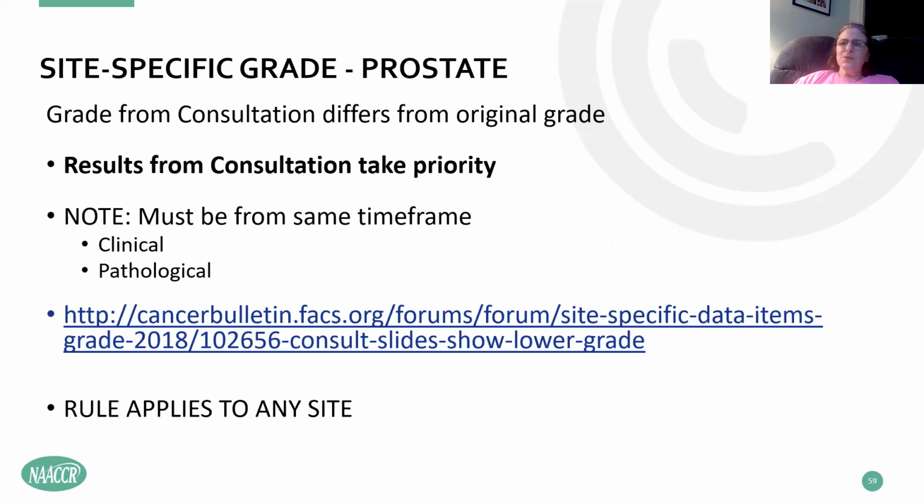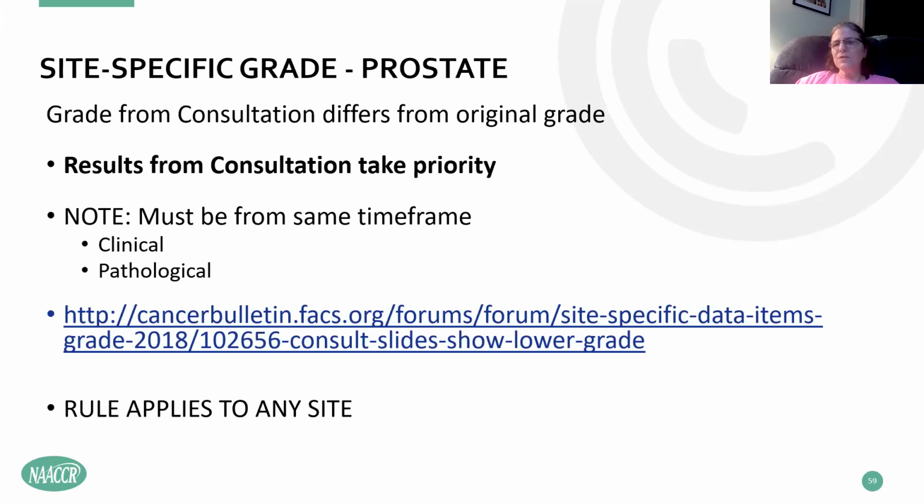So one of the other things we have added to the grade manual, based on questions we got in, actually there's been about 4 or 5 questions on consults. So you send the slides out for consult and it comes back and you have a different grade. So what do you do when you have your original path report and then you have the consult?